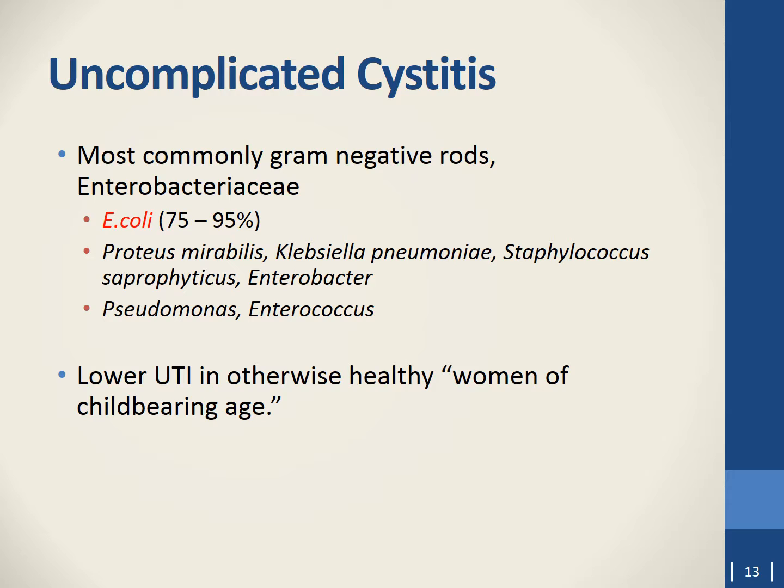Likewise, if you have a catheter in, then we'd be evaluating you for a catheter-associated UTI. So when we talk about uncomplicated cystitis, it's important to keep that definition in mind: these are folks who have no abnormal urinary anatomy, and they are typically otherwise healthy women of childbearing age.